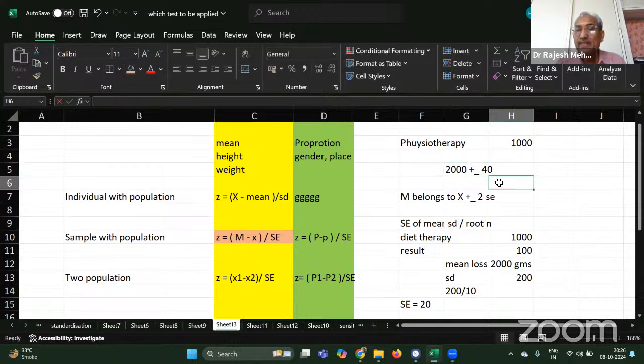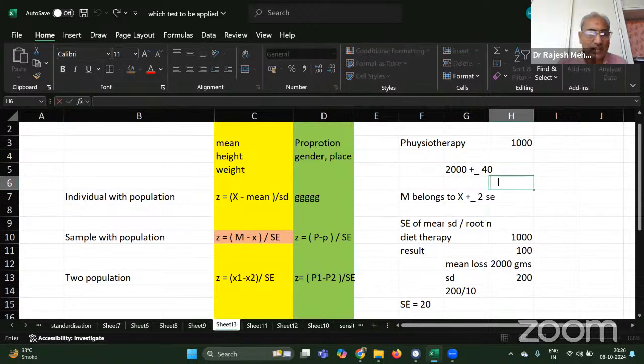So you can safely say that the mean weight loss of 1000 people will be between 1960 and 2040. Even just by finding the mean of 100 individuals, you have found out that the mean reduction in those on the diet therapy would be between 1960 and 2040.